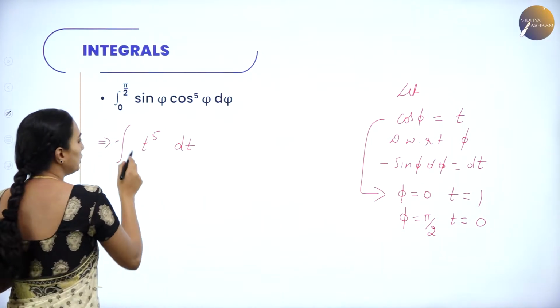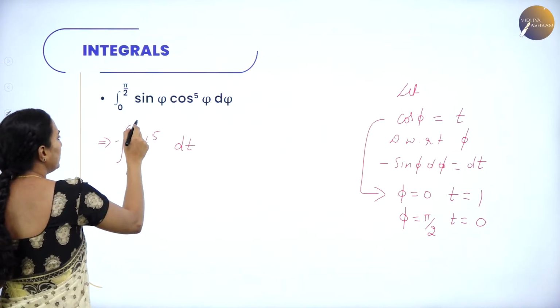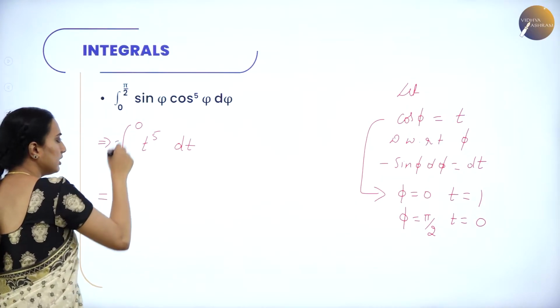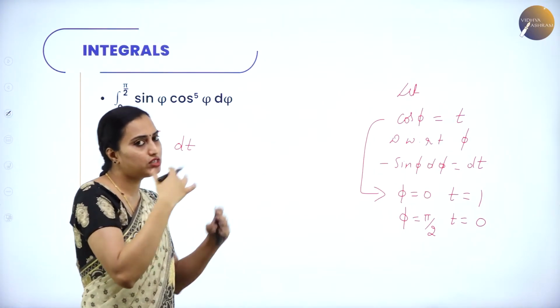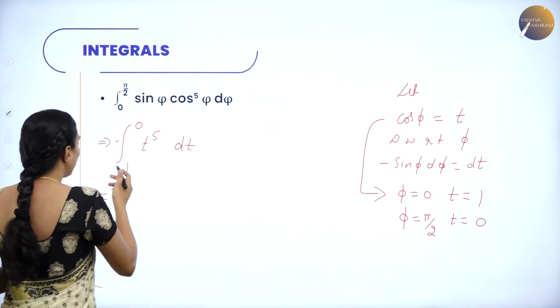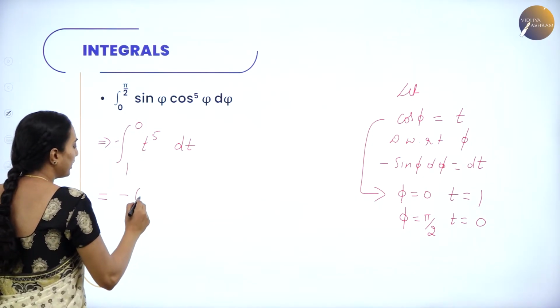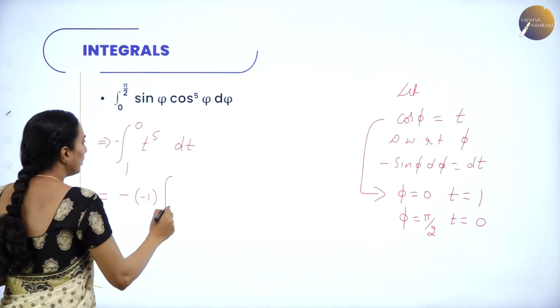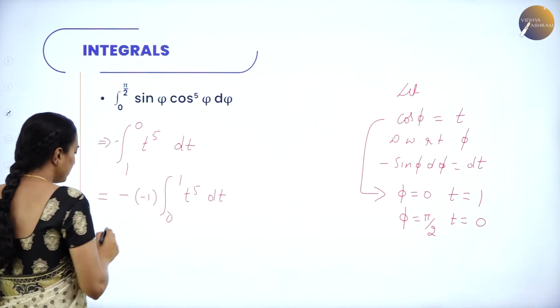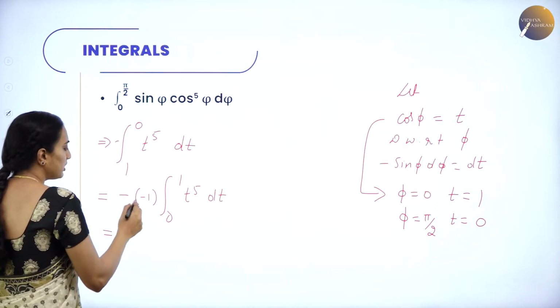When phi is equal to pi by 2, t is equal to 0. Now if you change this limit 1 to 0 as 0 to 1, it will change as a negative integral. So therefore you can have negative of negative integral 0 to 1 t to the power of 5 dt. Now minus into minus will become plus, which is 1 only.